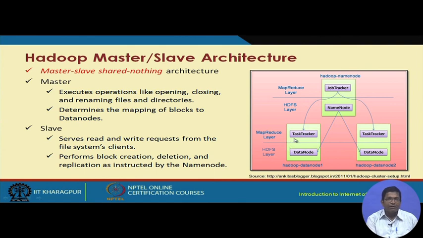And then we have MapReduce. The task tracker is linked with the job tracker, so the job tracker in the name node is linked with the task tracker in the data node. The job tracker resides in the MapReduce layer, the name node in the HDFS layer, the task tracker in the MapReduce layer, the data node in the HDFS layer, and so on. So, this is the master slave architecture in Hadoop.